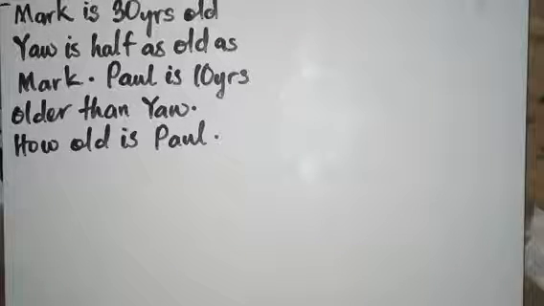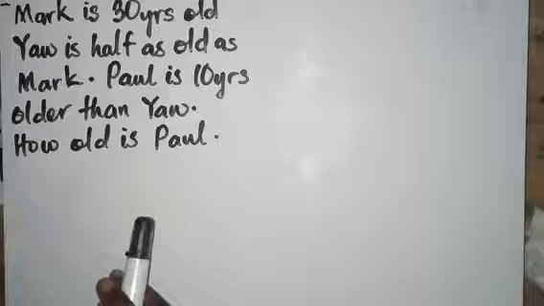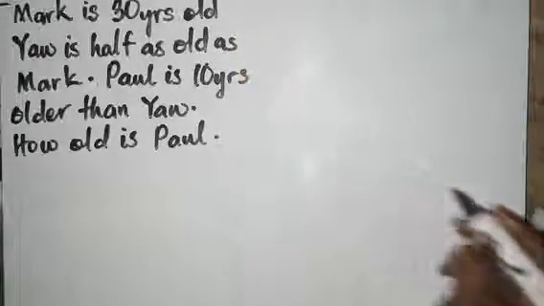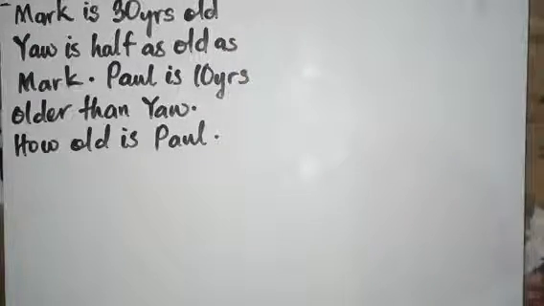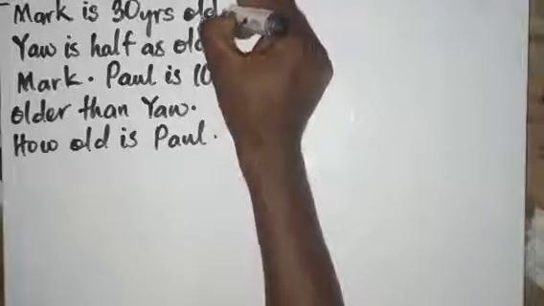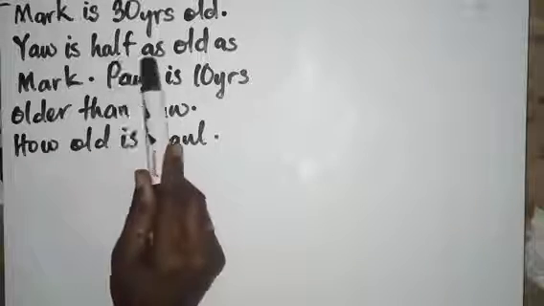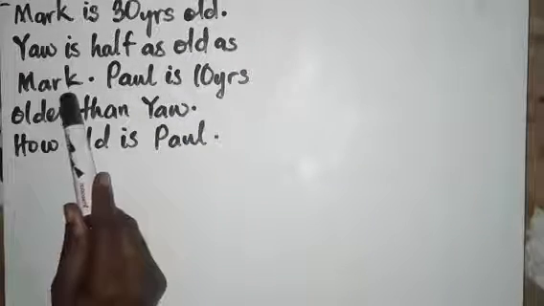Okay, so let's look at this example too. We say Mark is 30 years old. Yao is half as old as Mark.